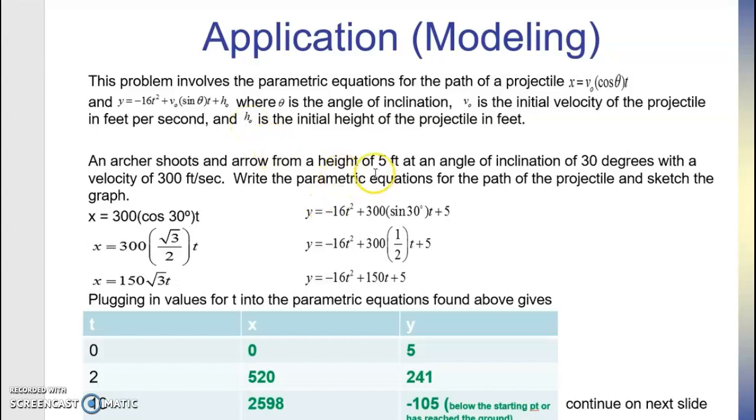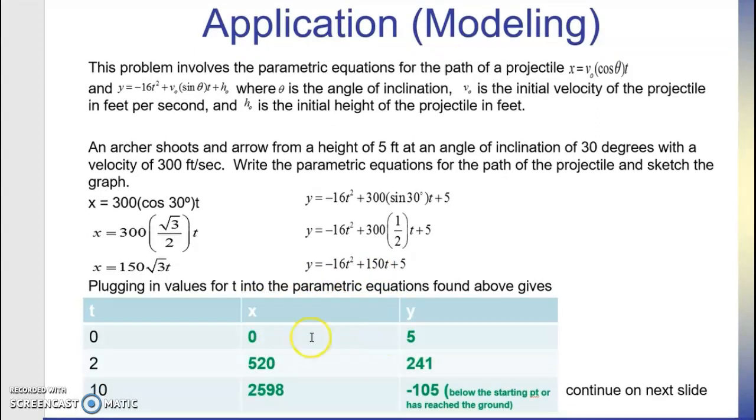This person was standing on an object that had a height of 5 feet. So 5 is plugged in for the initial height. Using the order of operations to simplify, we find that y equals negative 16t squared plus 150t plus 5. We have our equations for x and for y.